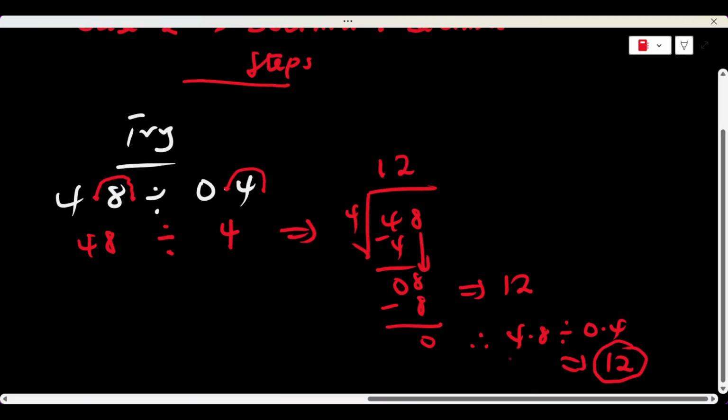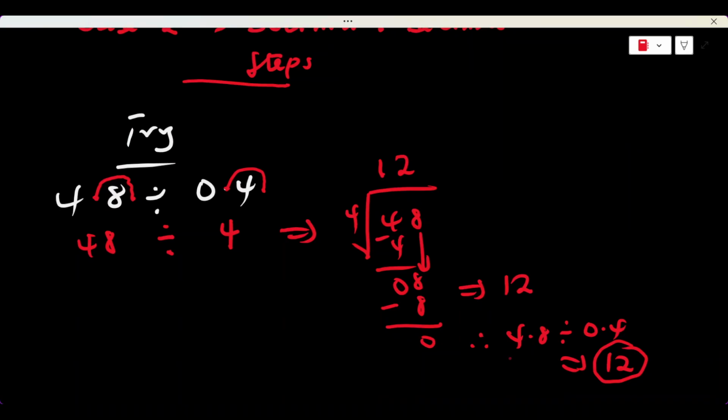Learners, today we learn how to divide decimals. And then we learn 2 cases. Case 1, we divide decimals by whole numbers using the long division method, which the video is in the description below. You should click on it and watch the full detailed lesson. And then in case 2, we have dividing decimals by decimals, where we convert the divisor to a whole number and also move the dividend decimal the same number of places.